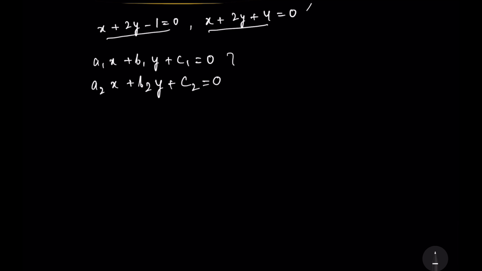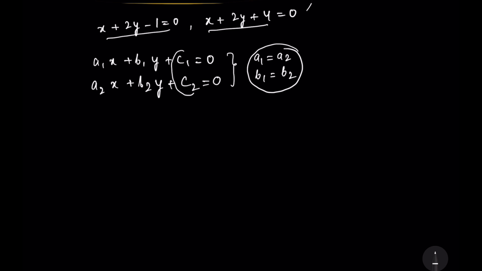These two will be parallel lines if a1 is equal to a2 and b1 is equal to b2.